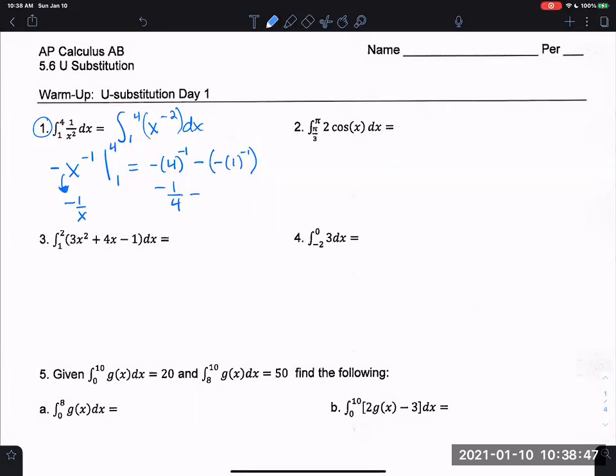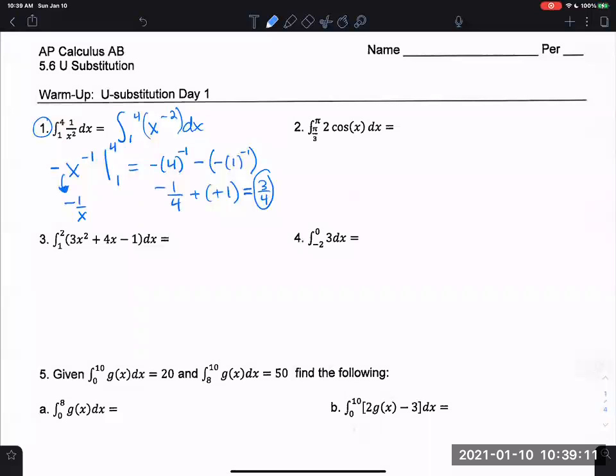However, we've now started it this way. This would still be -1. So -1/4 plus 1 is +3/4. Okay, so we have our first answer.